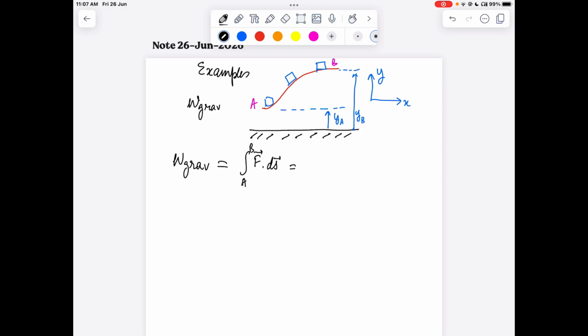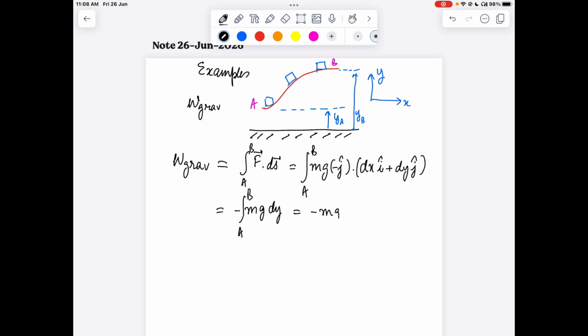And you could then write the force of gravity as mg in the minus j direction, dot that with dx i cap plus dy j cap, integral from A to B. So this of course works out to minus mg dy integral of A to B, and we can now take mg outside of the integral.